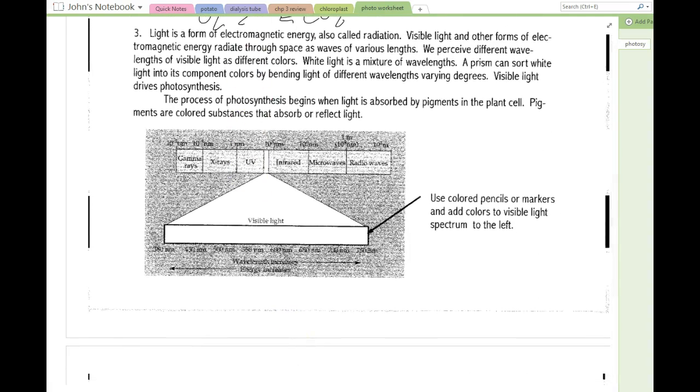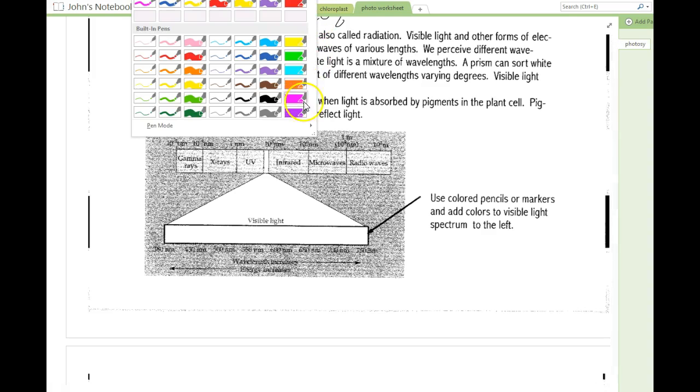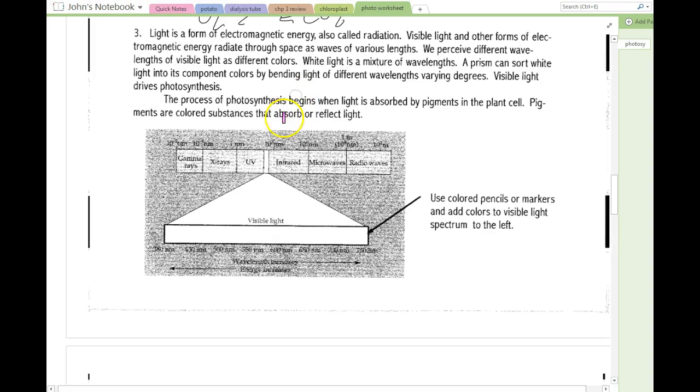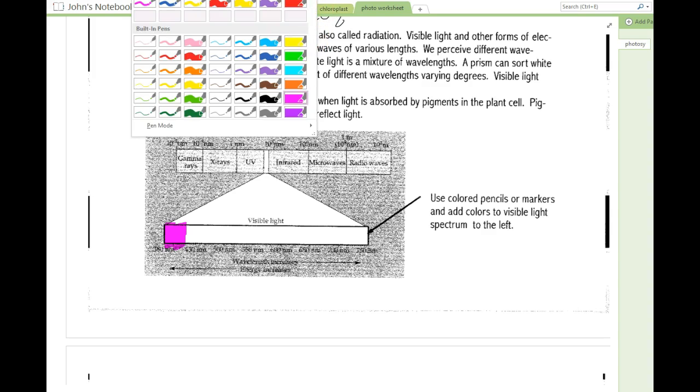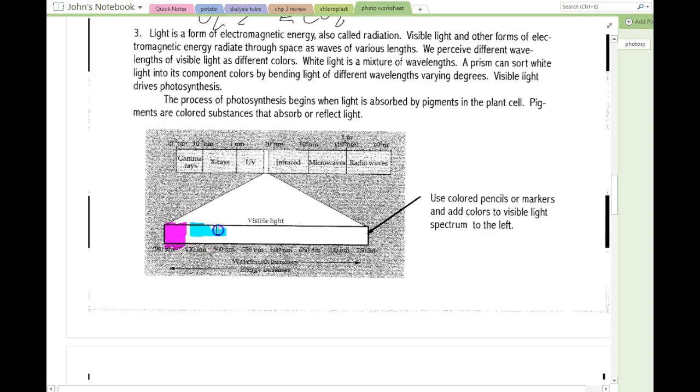All right, so I'm so bad with these. Okay, where is violet? Right there. Is that violet? All right. Here's violet. Where is blue? Okay, blue. Right here? Is that violet right there?